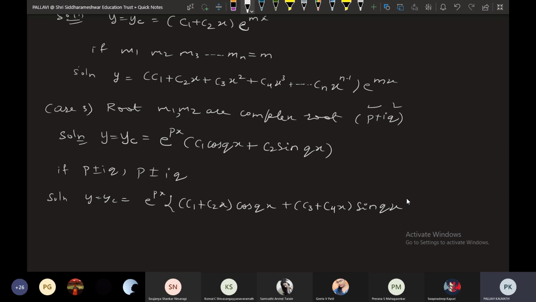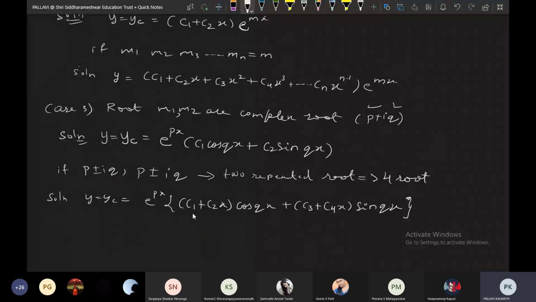Okay, so is it clear? If you have repeated roots, two repeated roots means how many roots? Totally 4 roots here.